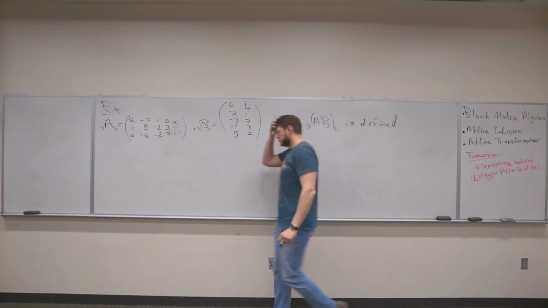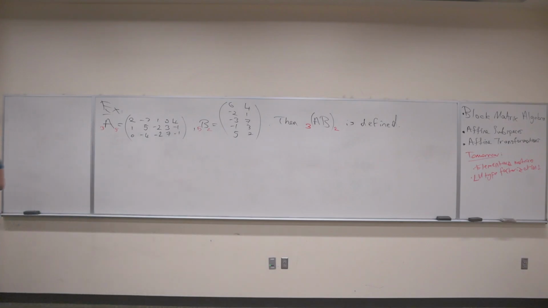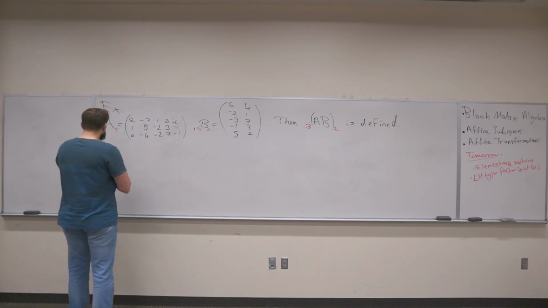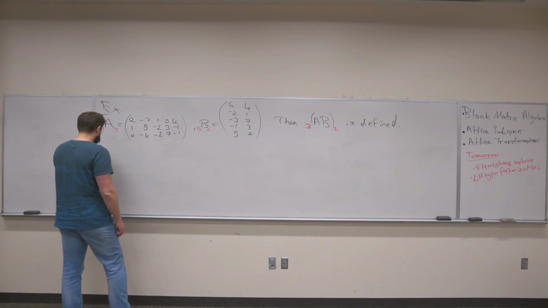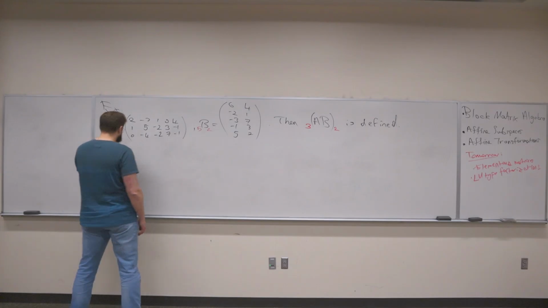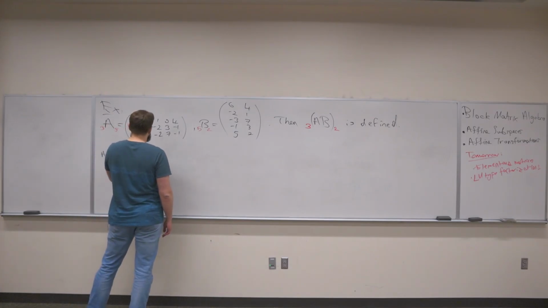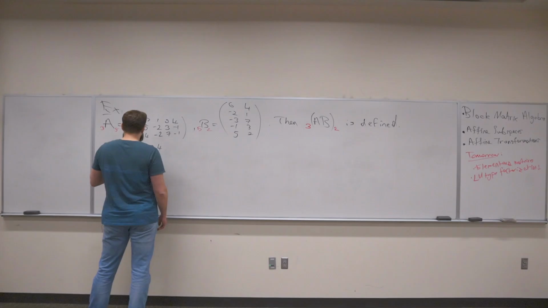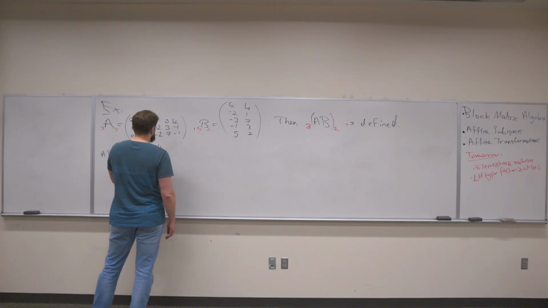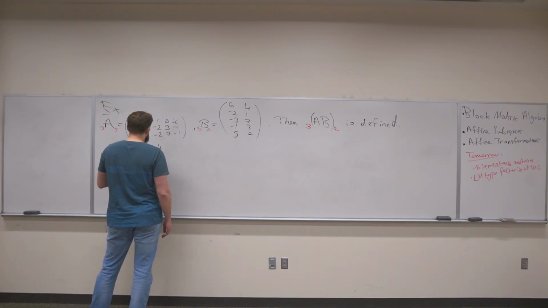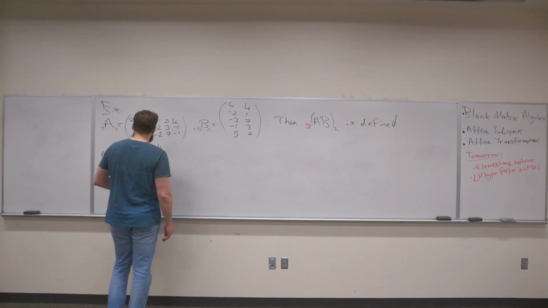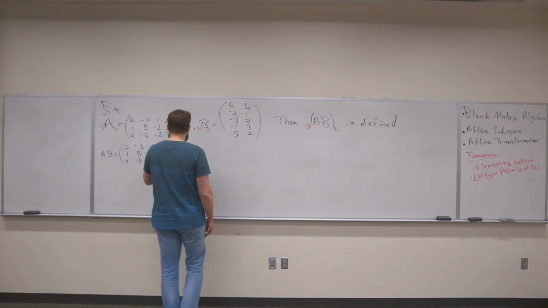Okay. Let's compute this. This is just a review in a sense. In a second, I'm going to connect it to block matrix stuff. I'm just going to write down these things side by side. That's A, and then B is this guy.